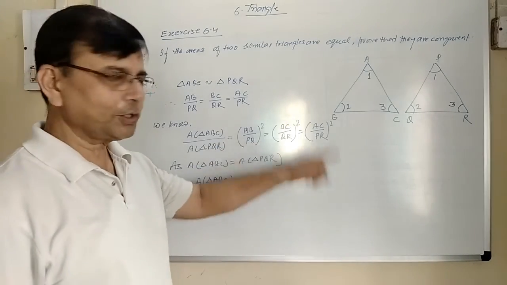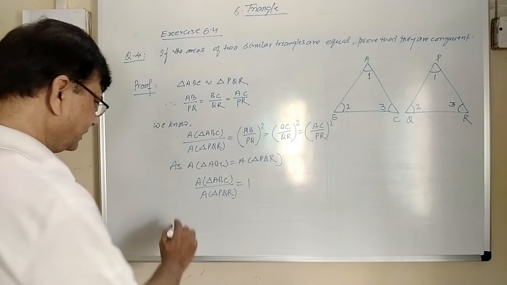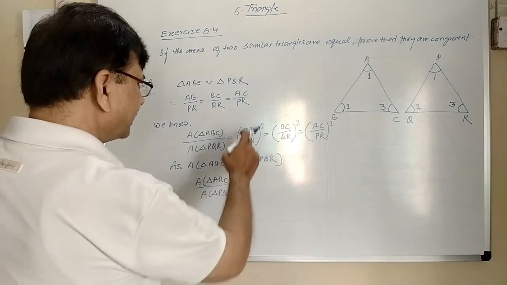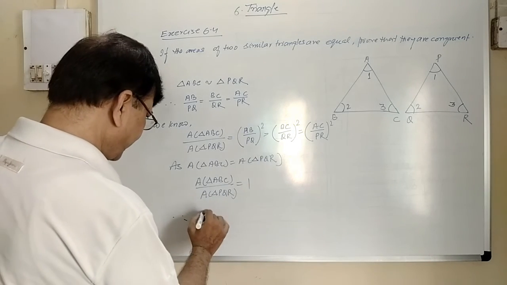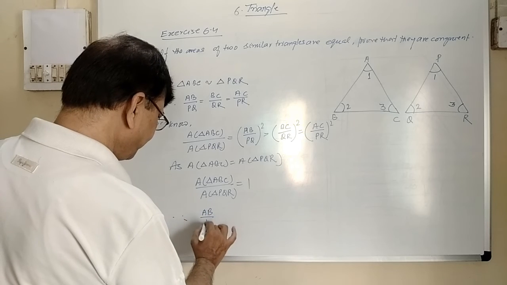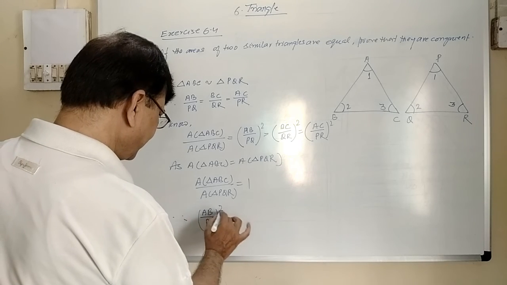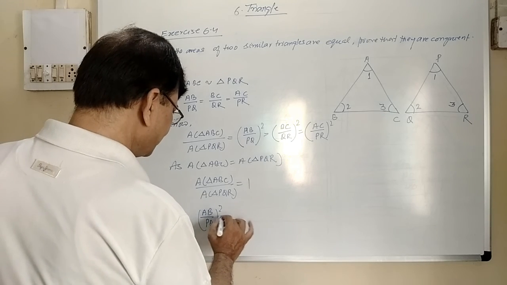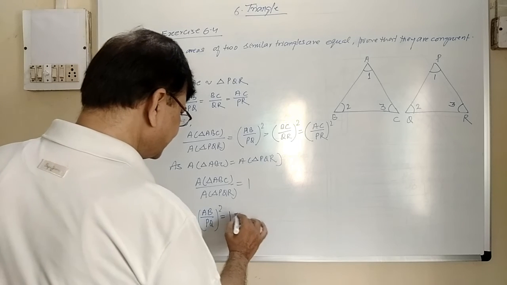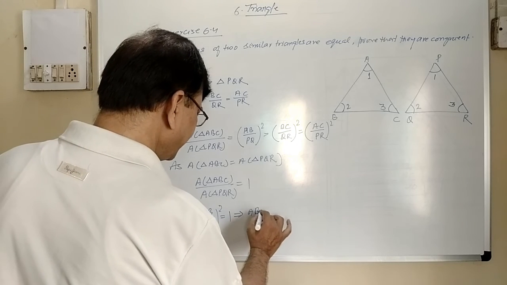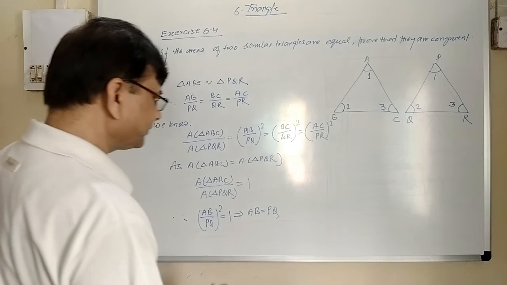Therefore, these ratios will also be equal to 1. Therefore, AB upon PQ whole square is equal to 1. This implies AB is equal to PQ.